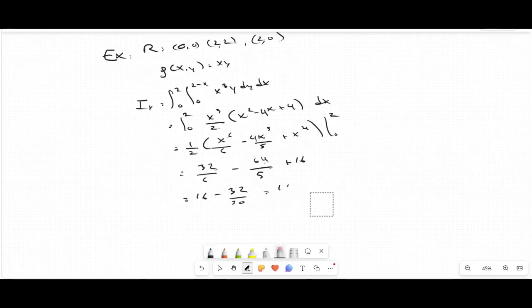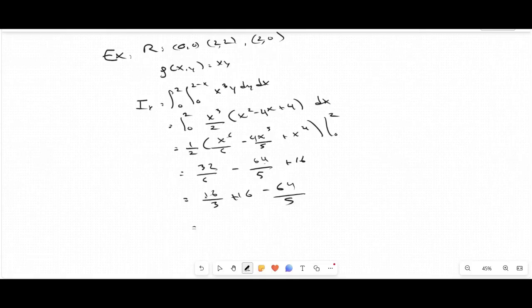Just erase from here. Let me just try to simplify some things here. Doesn't look good. X to the fifth, yes.